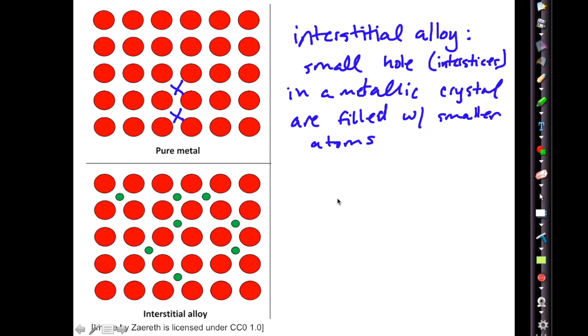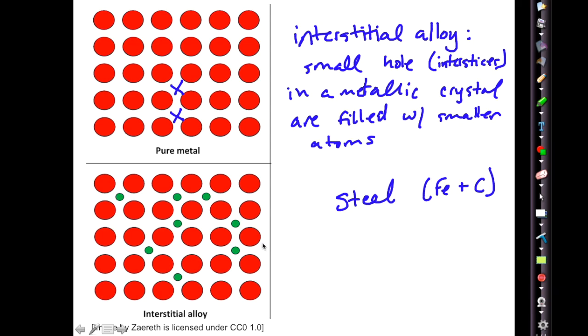And so a good example of an interstitial alloy that you would be familiar with would be steel, which is going to be made up of iron, and then another element, a lot of times carbon, of smaller atomic size, which goes into these small holes in the metal. And with steel, it actually increases the strength versus the pure iron. So again, we're getting some sort of beneficial property as a result of the alloy mixture.